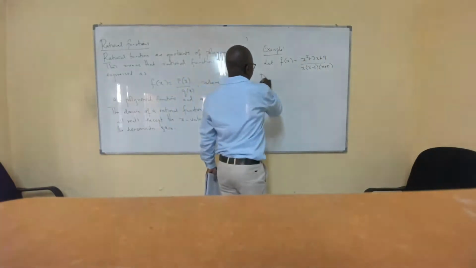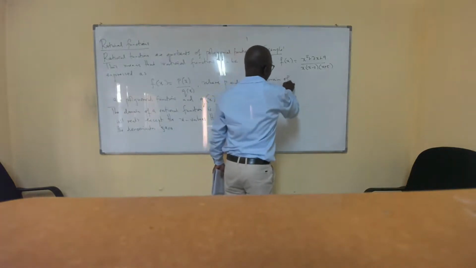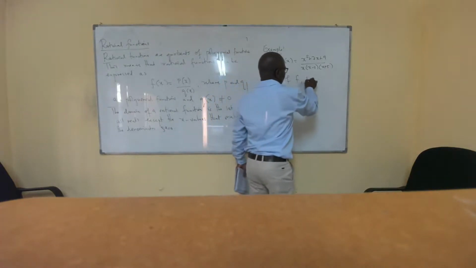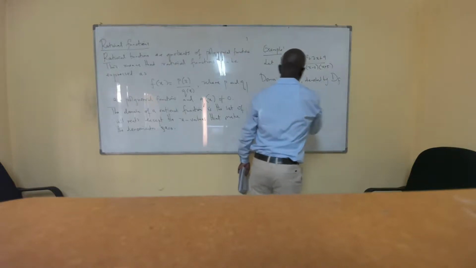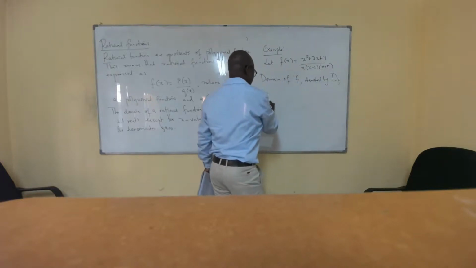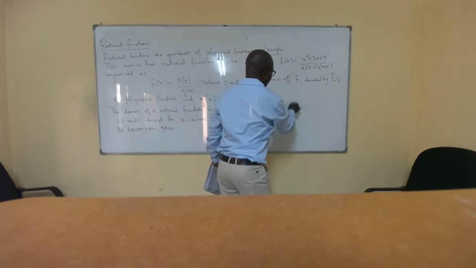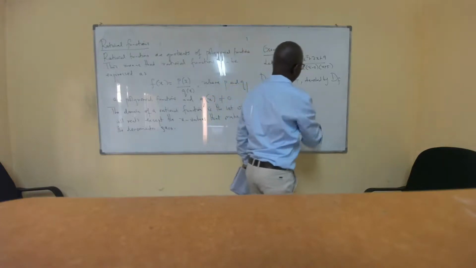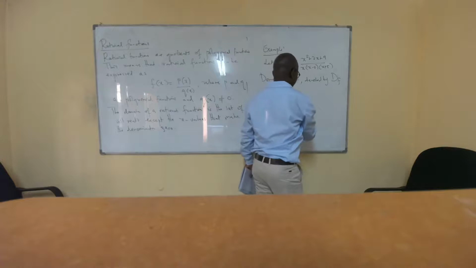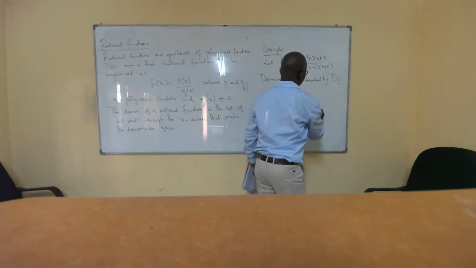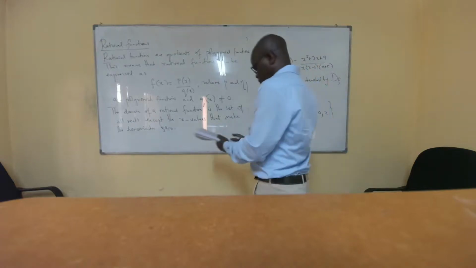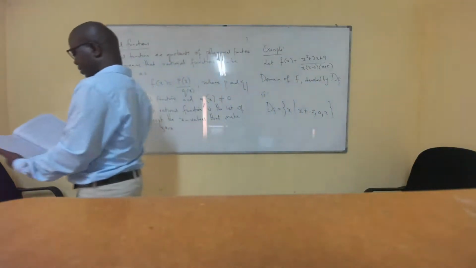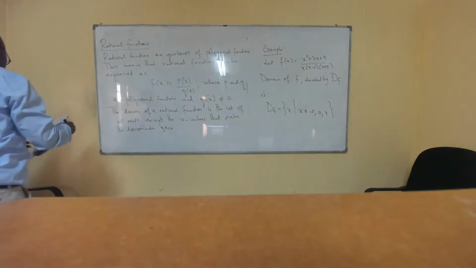So the domain of f, denoted by D of f, is just the set of real x such that x cannot be minus 5, it cannot be 0, it cannot be 2. But it can take the rest of the values.